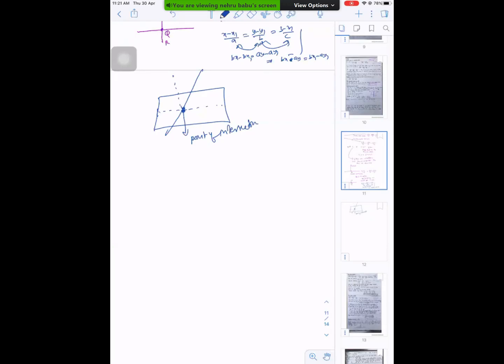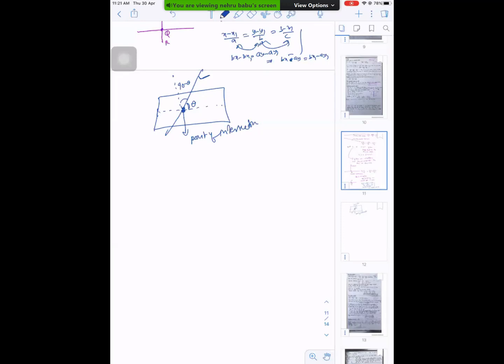Or if they are giving the line in non-symmetric form, means indirectly two planes are there, the combination of two planes, and the given plane, so three planes are there. So by using these three, you will get the point of intersection if you have a unique solution. Next, how to find the angle: if theta is the angle between plane and line, then 90 minus theta is the angle between the normal and the line.